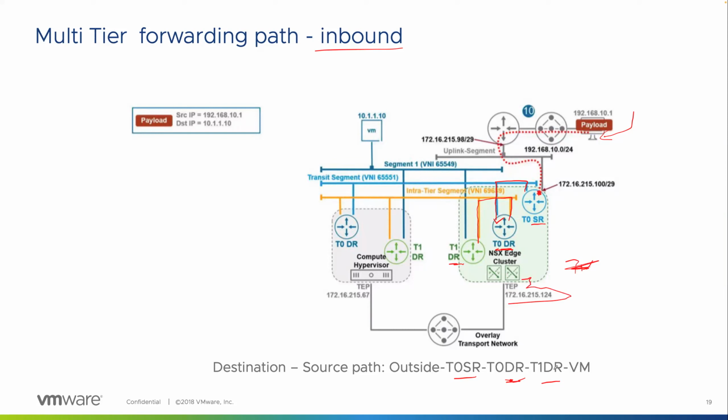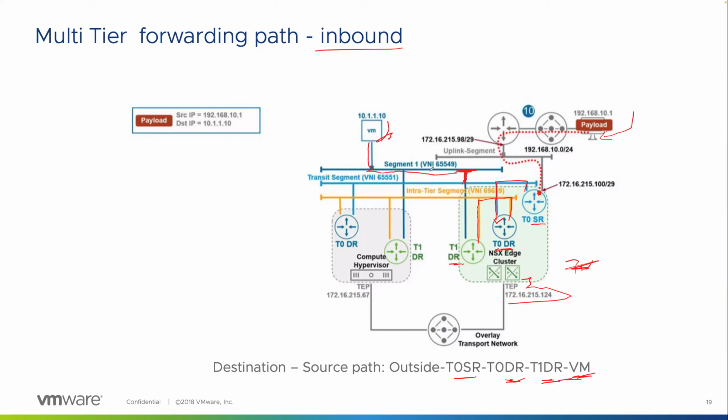Then T1DR checks the final step, which is a directly connected subnet, because this dark blue link is directly connected in regards to this VM. So this is the last hop for the routing function.